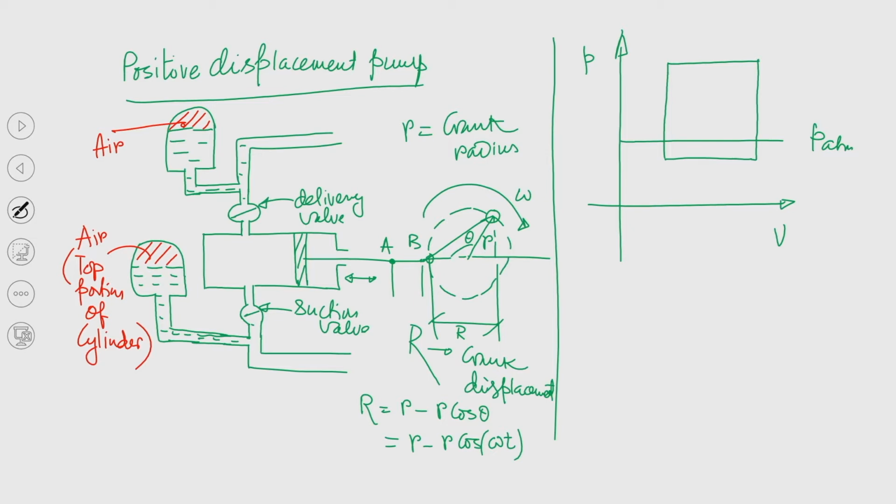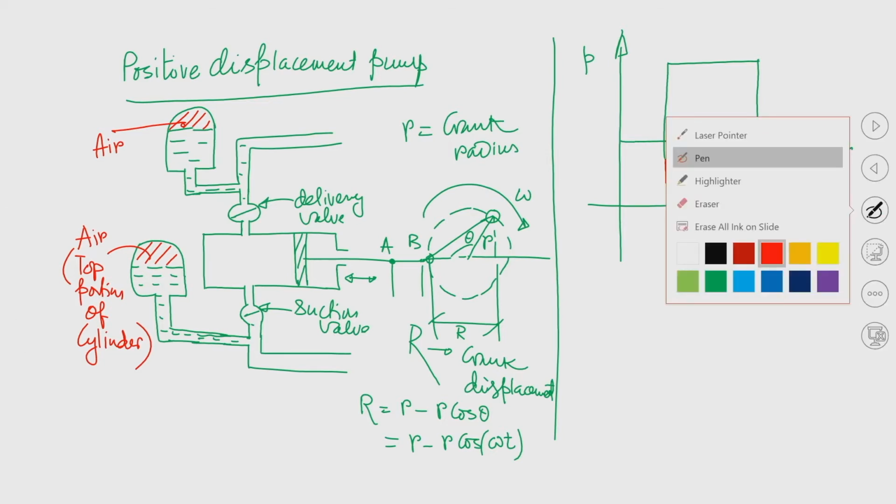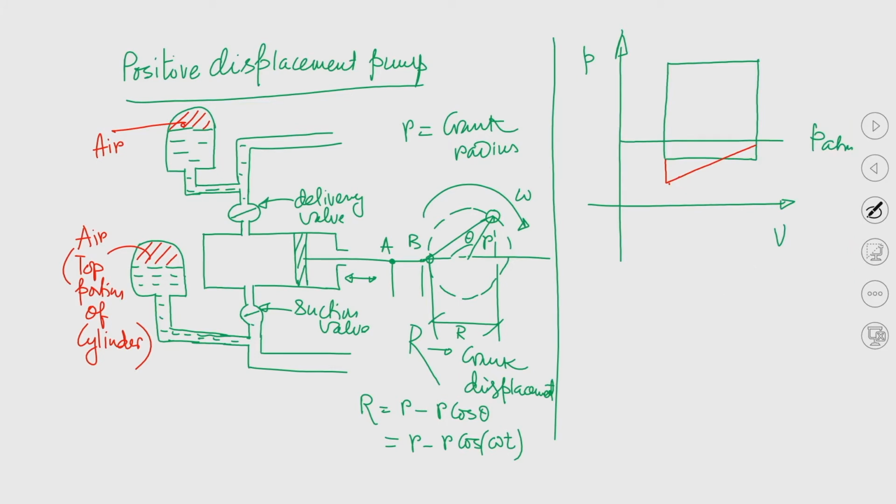If we represent these two effects using different colors, this is the inertia effect due to acceleration, and then this one, and finally if we superimpose the frictional effect, it will be like this.